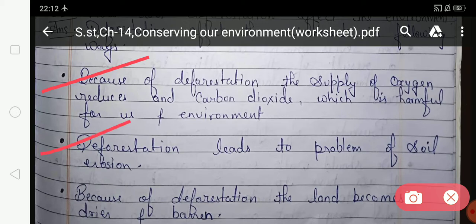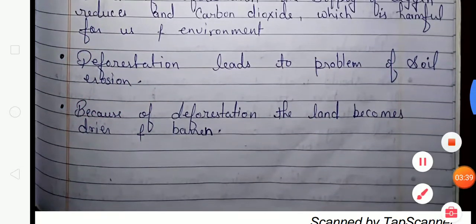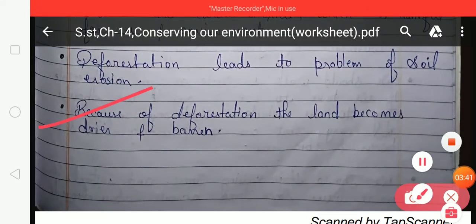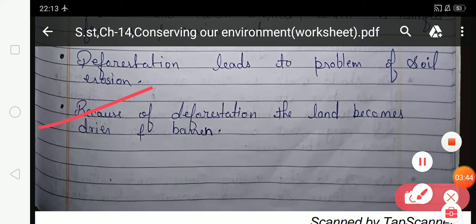Next, deforestation leads to the problem of soil erosion, meaning the top layer of the soil is washed away because of the cutting of trees. Now look at the next, that is, because of deforestation the land becomes drier and barren.